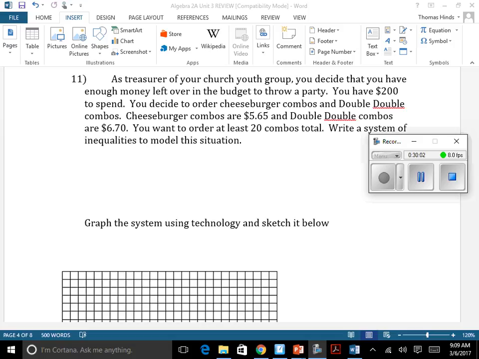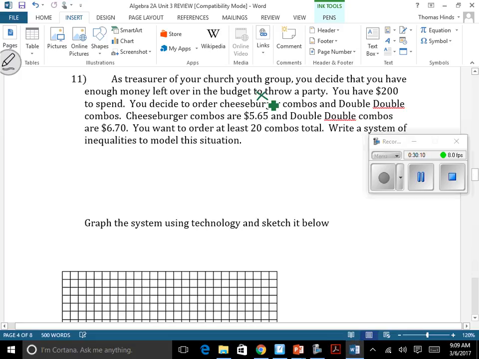Yeah. See, there's a pattern in these big paragraphs that some students would be afraid to see and start reading. Cheeseburger combos are 5.56. I know now what is connected to the cheeseburgers. The double doubles are 6.70. I know it's connected to them. You start to feel the pattern. You've got to do 3 or 4 in a row.